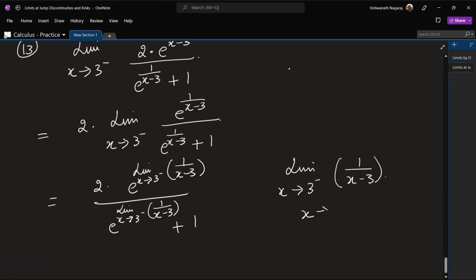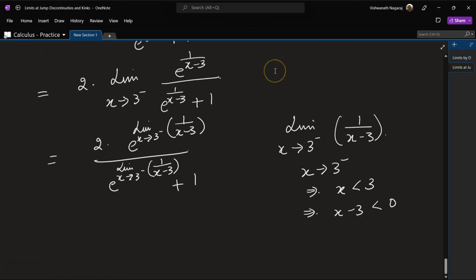Now x approaches 3 from the negative side implies that x is less than 3. That means x minus 3 is going to be less than 0, so in the denominator you will have a negative sign. We can take it as a negative sign in the numerator itself, right?